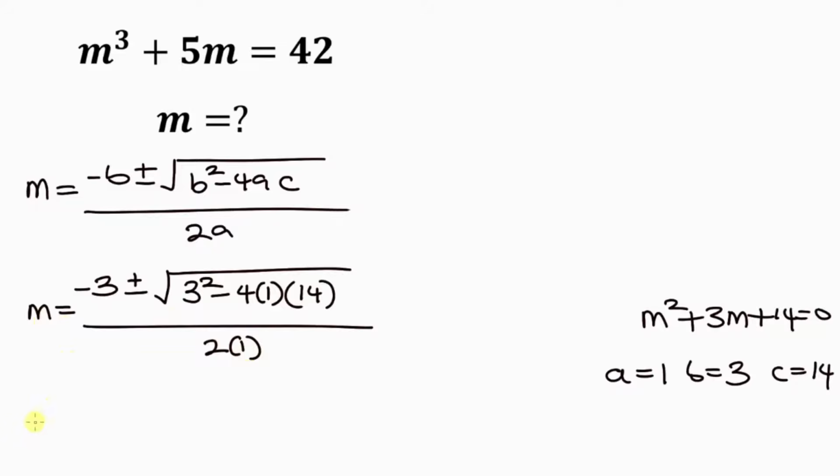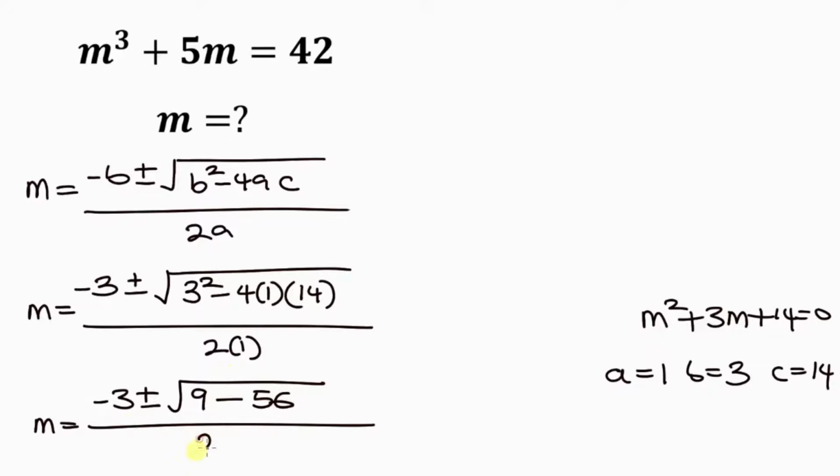So simplifying further, m will be negative 3 plus or minus the square root of 3 squared is 9 minus 4 times 1 times 14 is 56, all over 2 times 1, that is 2. Now simplifying further, m will be negative 3 plus or minus the square root of 9 minus 56 is negative 47, all over 2.